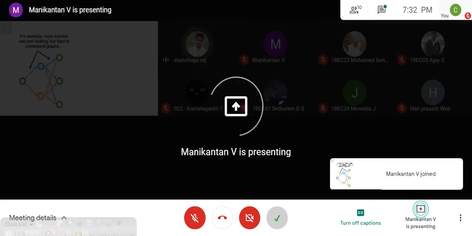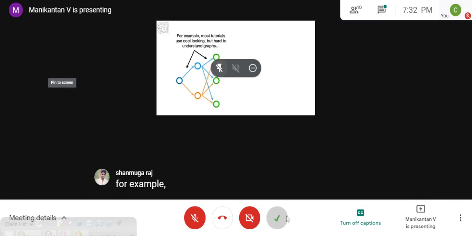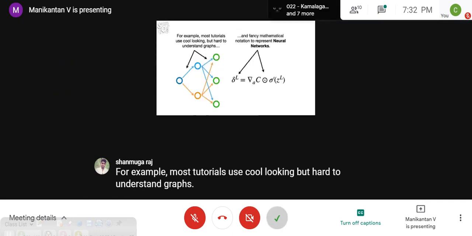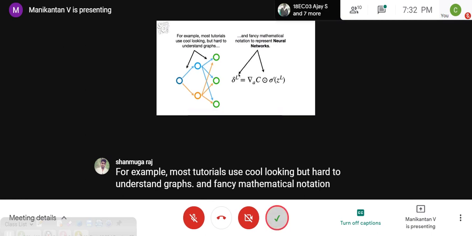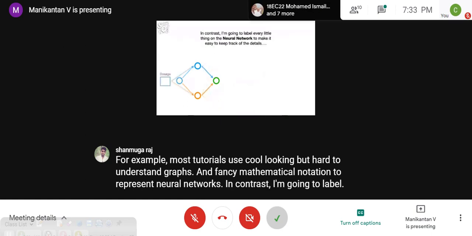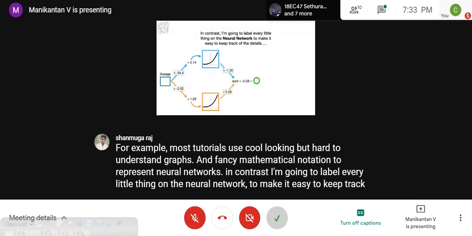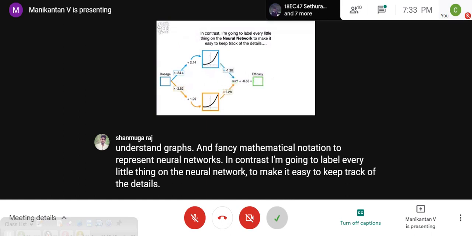For example, most tutorials use cool-looking but hard-to-understand graphs and fancy mathematical notation to represent neural networks. In contrast, I'm going to label every little thing on the neural network to make it easy to keep track of the details.